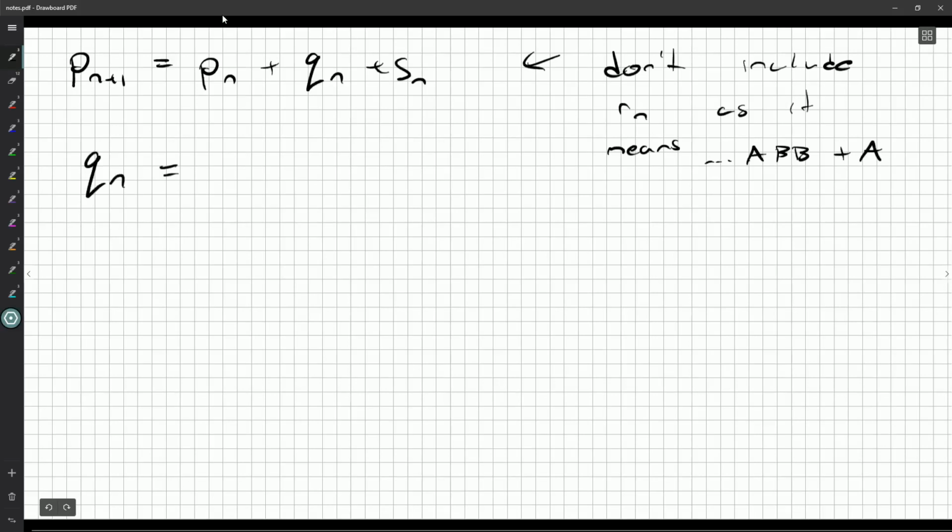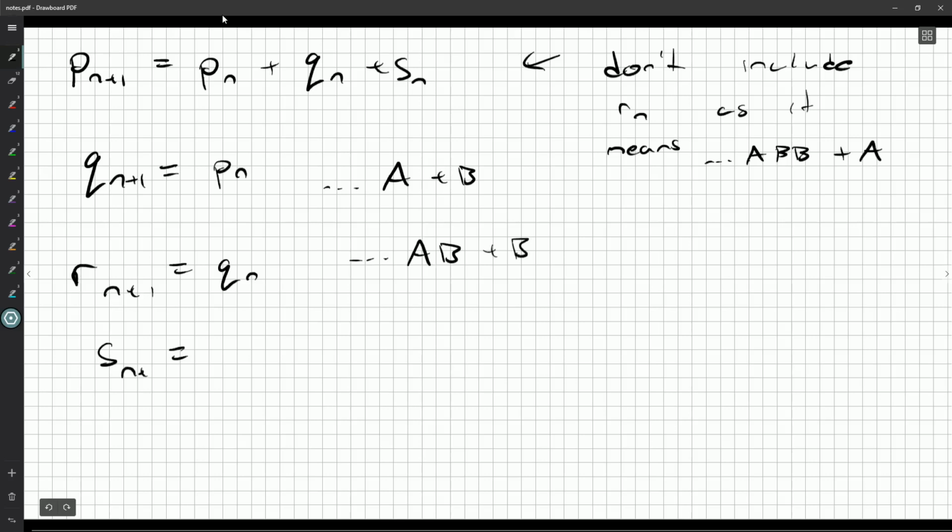Alright, Qn plus 1 is just the Pn's. If it ends in A, you add on a B. Rn plus 1 is just Qn. If it ends in AB, so it must be in the Qn's, you just add on a B.